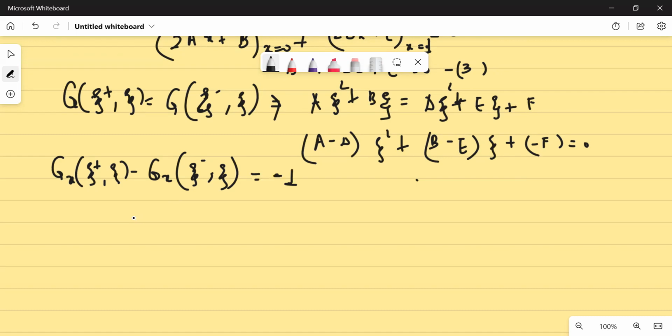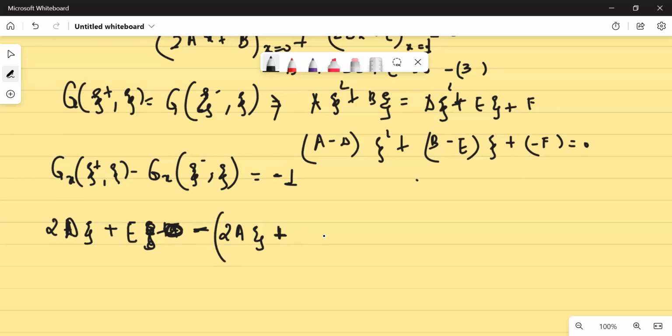The derivative to the right would be 2D zeta plus E, and minus 2A zeta, and there is B here. This should be equal to minus 1.